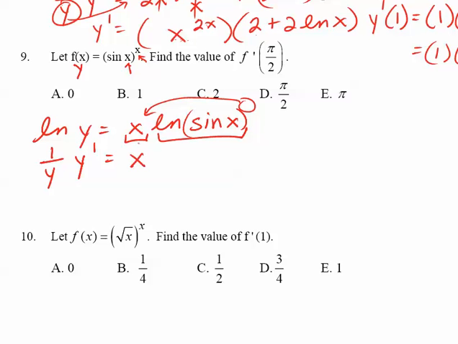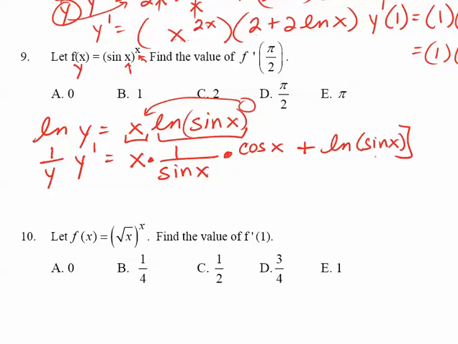So the first part times the derivative of the natural log is 1 over the glob with a chain rule on the glob. Derivative of sine is cosine x. So this is our chain rule, plus the second function times the derivative of the first. The derivative of x is just 1.